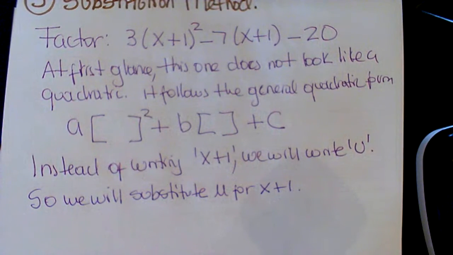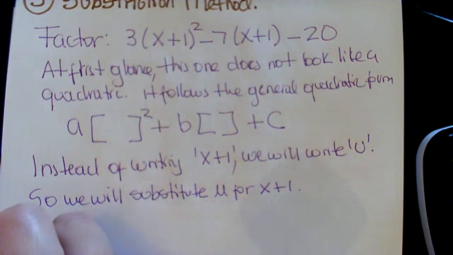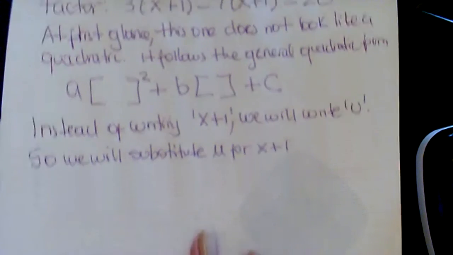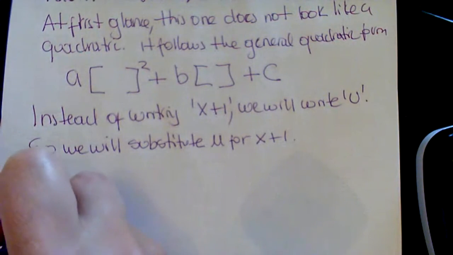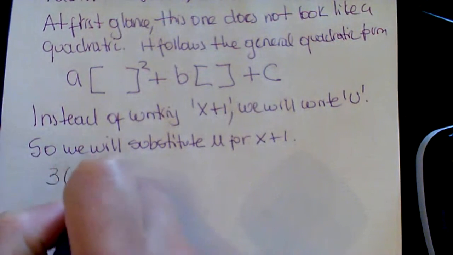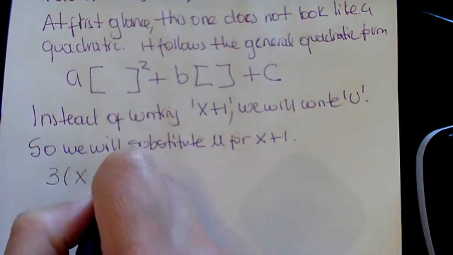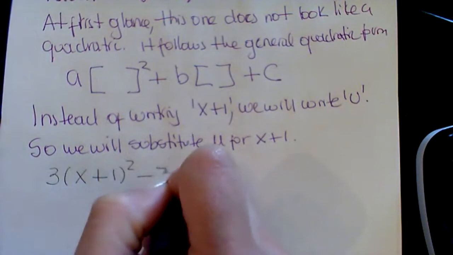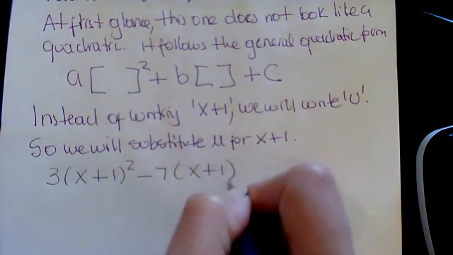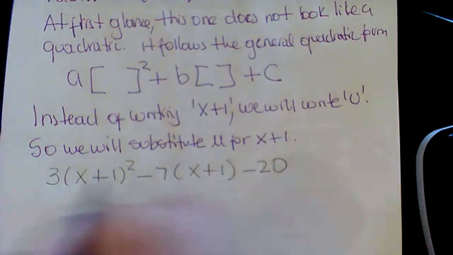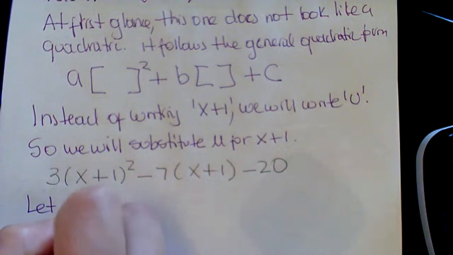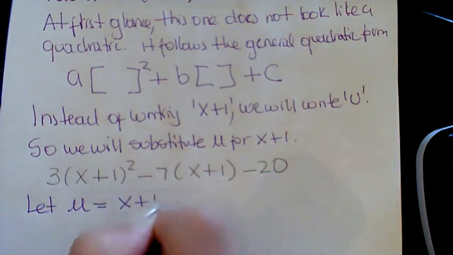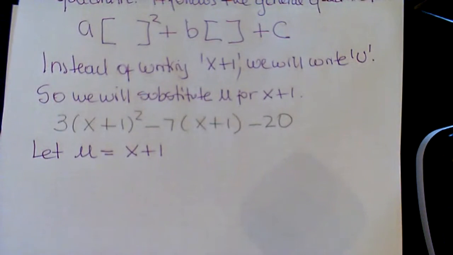So we're going to rewrite the problem with the substitution. So it's going to look like this. We were given 3 times x plus 1 squared minus 7x plus 1 minus 20. So we're going to say that u is the same as x plus 1.